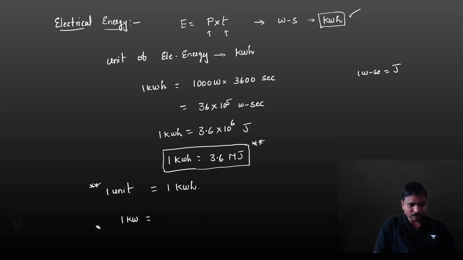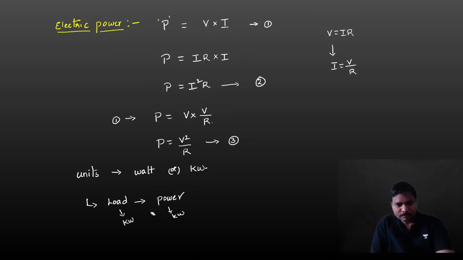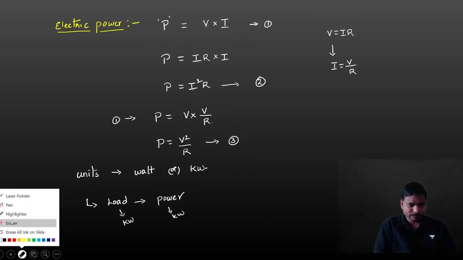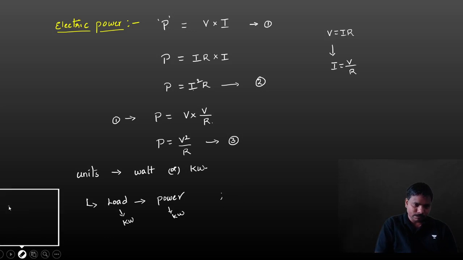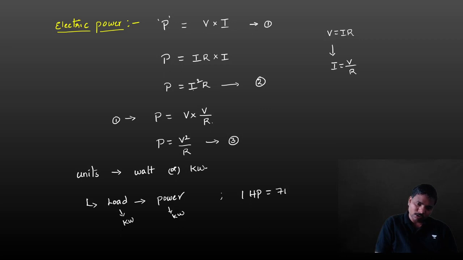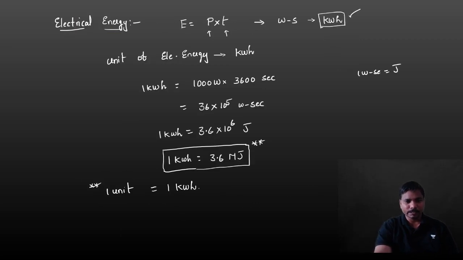So let us take that one in the previous slide. 1 horsepower is equal to, it is better to remember like this, not in kilowatt. 1 horsepower is equal to 746 watts of the electrical power. It is also very important. Remember this.